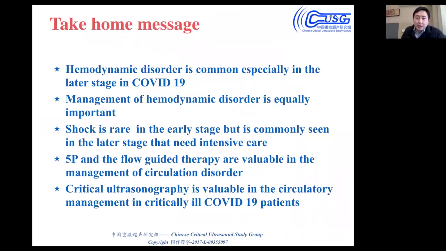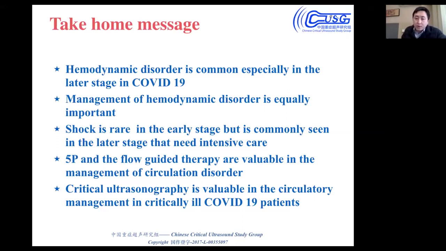So at the end of this lecture, we should summarize the key points. First, hemodynamic disorder is common, especially in the later stage of COVID-19, and the management of hemodynamic disorder is equally important.